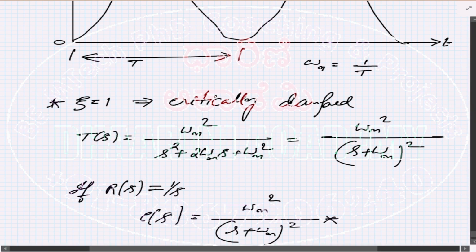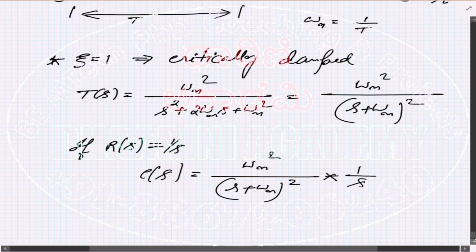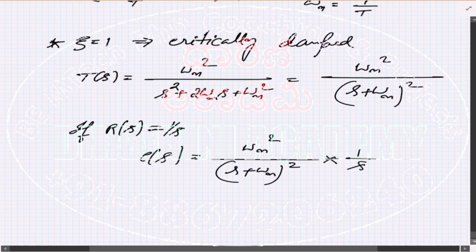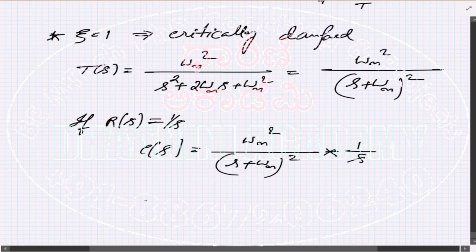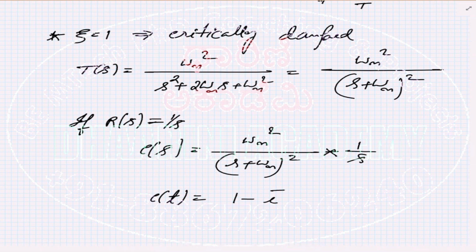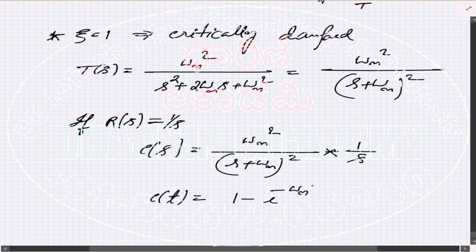It's a standard procedure of partial fractions, so I directly write the answer. c of t comes to be equal to 1 minus e to the power minus omega n t into 1 plus omega n t, since there is no zeta. We can apply the standard Laplace inverse to come back to this.